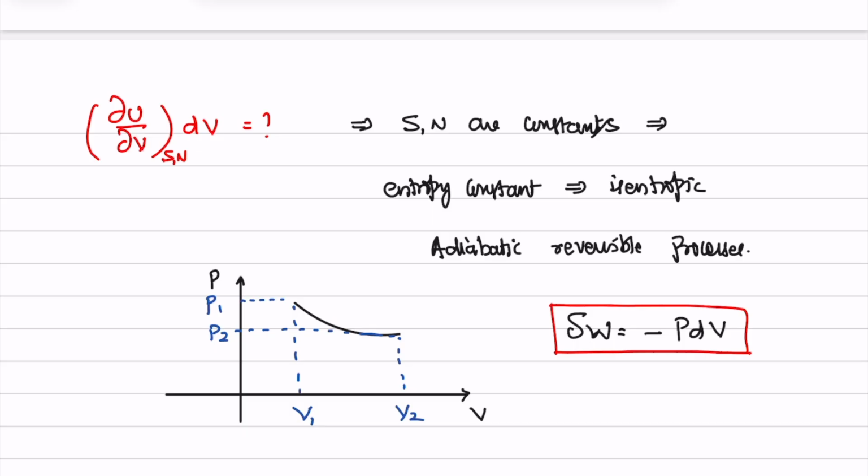For a reversible compression or expansion, then from this, ∂U/∂V. dU you already know: dU is equal to δQ plus δW.